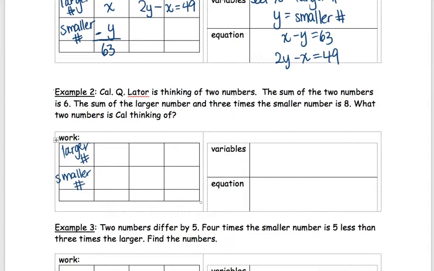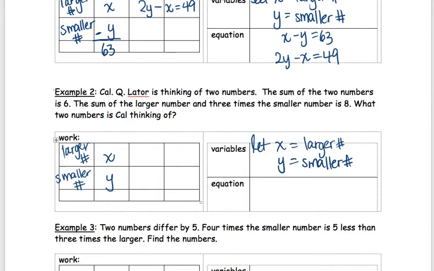Okay, and again, pick some variables and label them to those numbers. Then make your statement here. So let x be the larger number and y be the smaller number. Okay, and are there any units? Nope, because we're just identifying numbers.